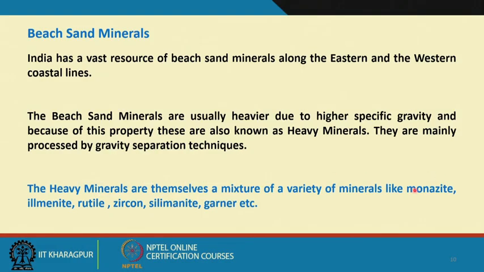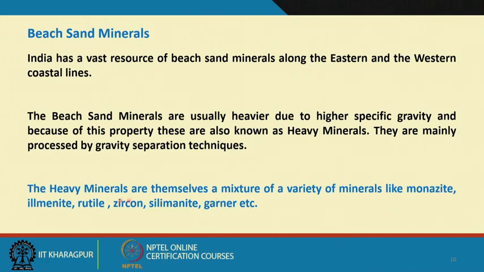So, the combined density or the specific gravity of monazite, ilmenite, rutile, zircon, sillimanite, garnet is more than 5.8, and your silicates are maximum 2.65. So, there is a huge difference between their specific gravities, and these minerals have many industrial uses, and they are strategic minerals also in some cases.